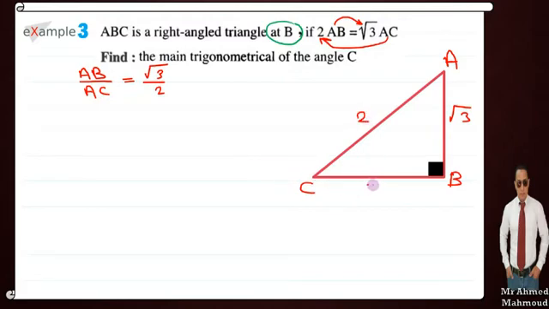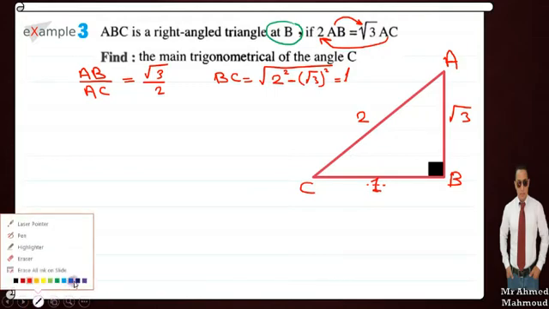Now, by using the Pythagorean theorem, I will find BC. BC equals square root 2 power of 2 minus root 3 power of 2 equals 1. So BC equals 1.